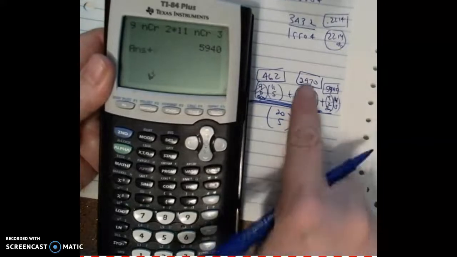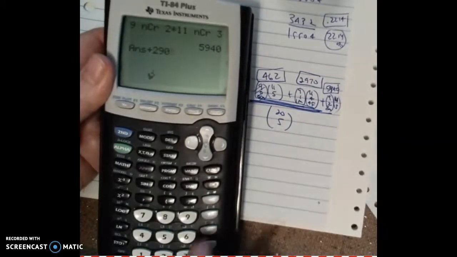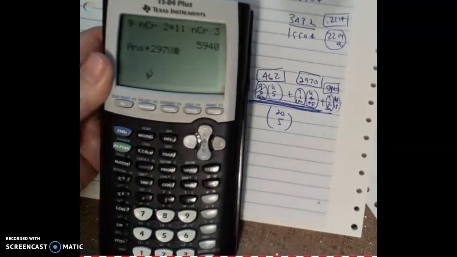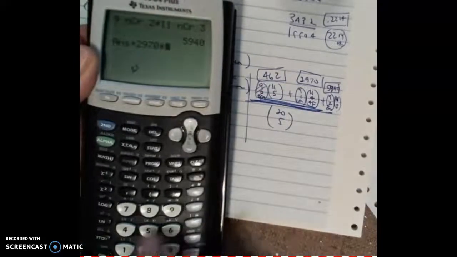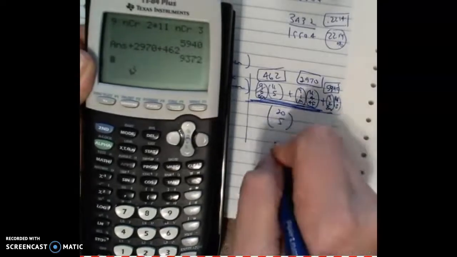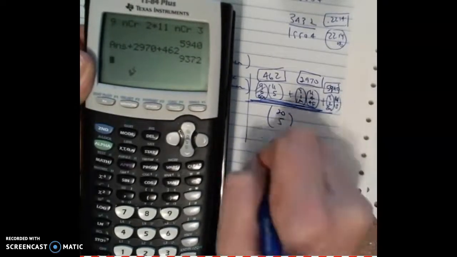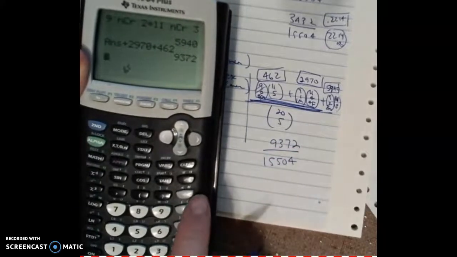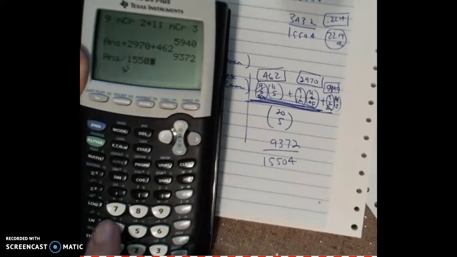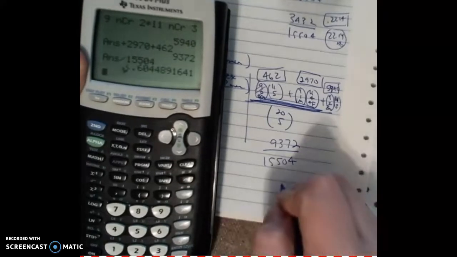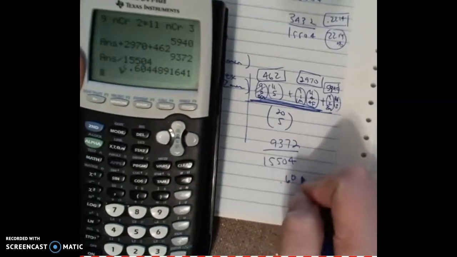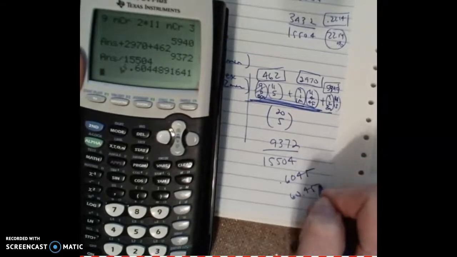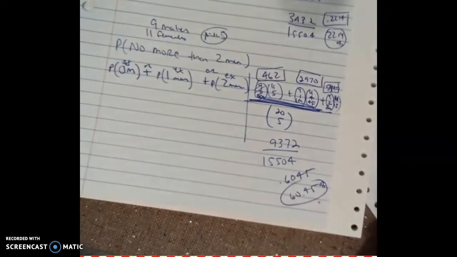Okay, so plus 2970. This is an old computer, that's 7 sticks, plus 462. Okay, 9372 divided by, and again, our total's the same because we haven't changed that. So I'm going to divide by 15504, and again, 0.60, I don't know, about 45 or 60.45%. That's what I'm going to get.